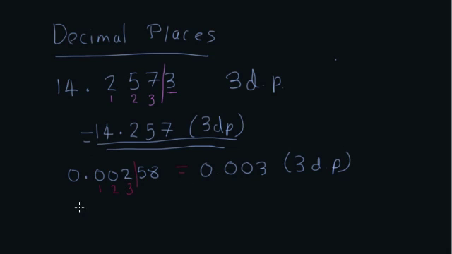And we'll do one more, 0.14962. So again, first decimal place, second decimal place, third decimal place. So we're cutting it off here. The next digit, the 6, rounds the 9 up, so it's going to move up to the hundredths column, so it's going to be 0.150.